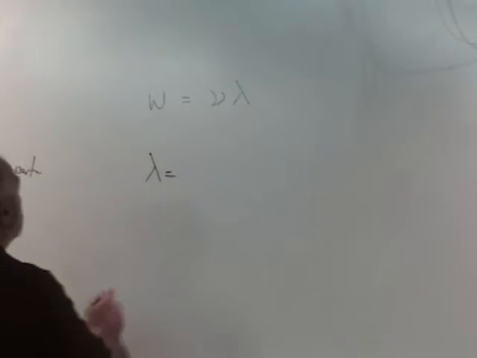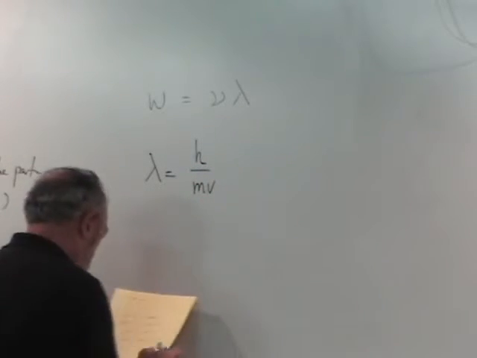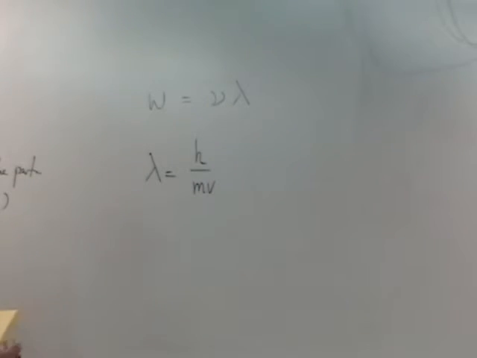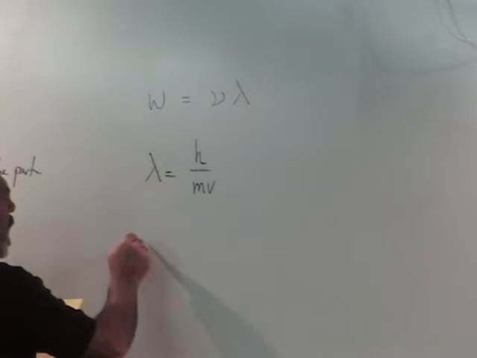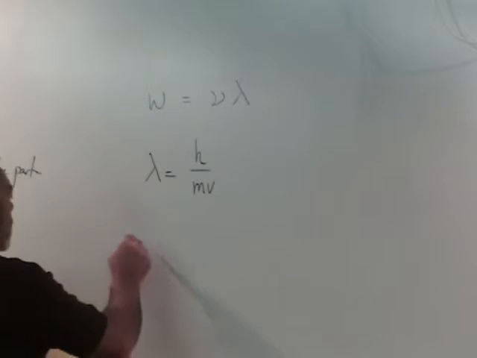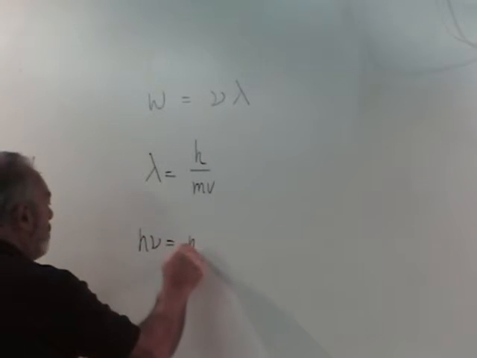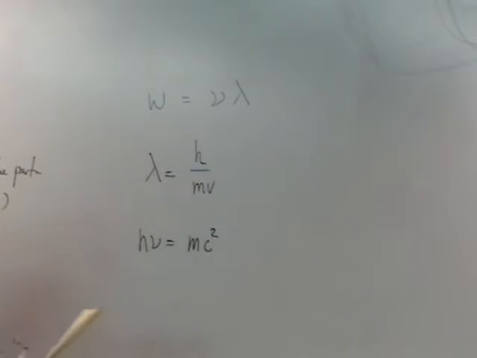H over the momentum mv. H over mv. And of course, the energy of an object like this, and de Broglie waves do seem to be massless particles, h nu equals mc squared.